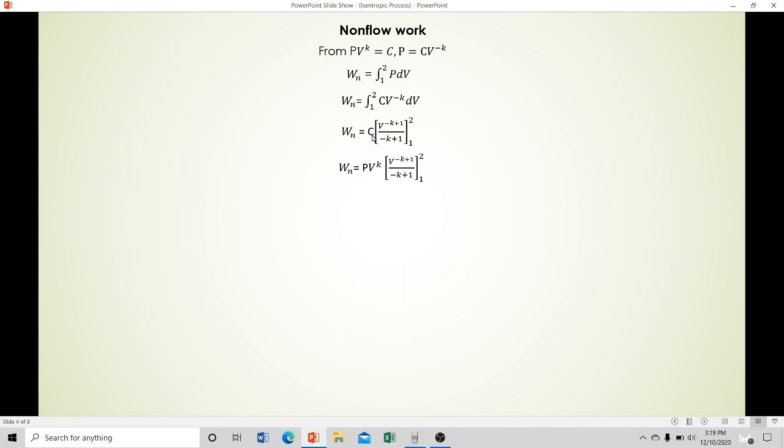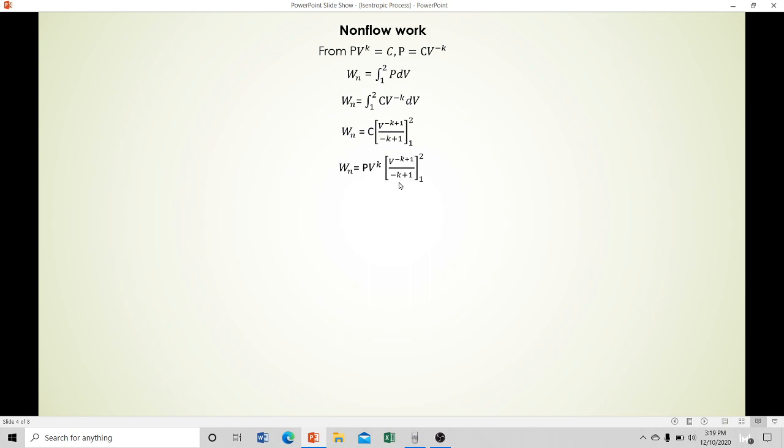So our value of C, from this equation, we have C equals PV raised to K. And then, if we simplify this equation, we get V raised to negative K plus 1 over negative K plus 1.